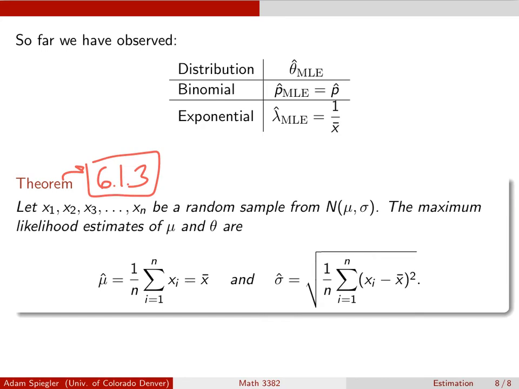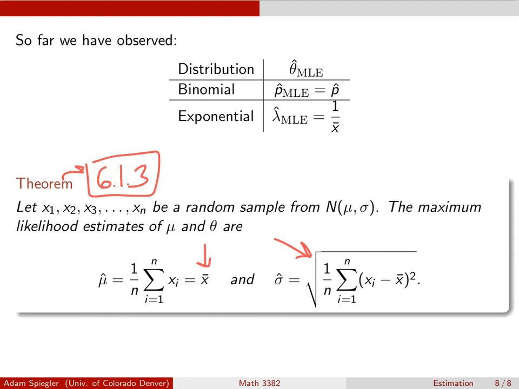And they similarly find that the maximum likelihood estimate for mu is actually the sample mean. And the maximum likelihood estimate for sigma is what we would get if we were to calculate this value over here, which is pretty close to what the definition of sigma is.